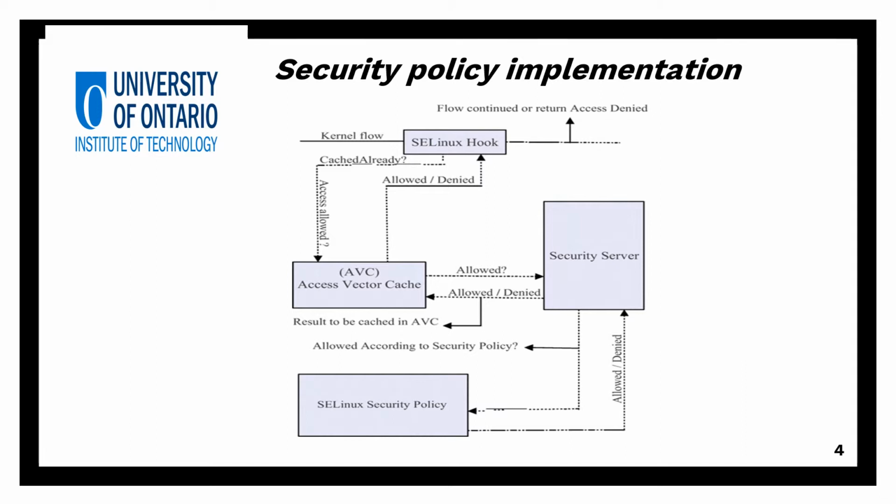Have it in mind that all of this is done only when the access permission is checked and allowed by the discretionary access control system, because SELinux is built on Linux. So it first checks the discretionary access control to see if access is permitted or not.